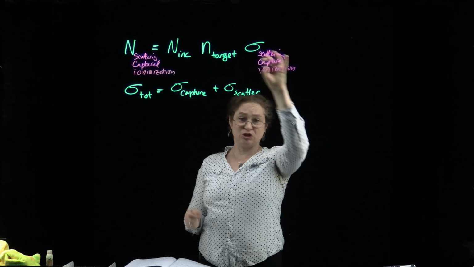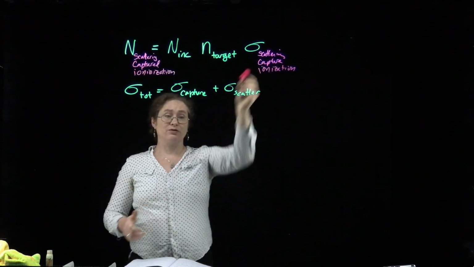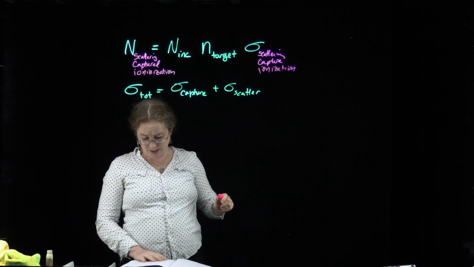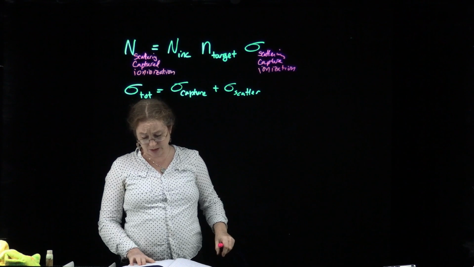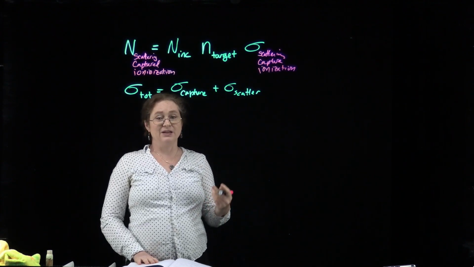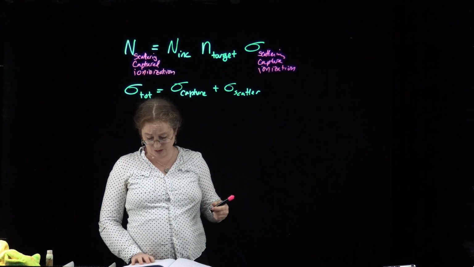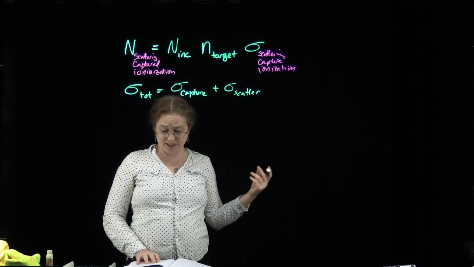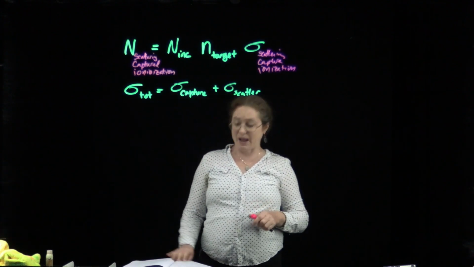Really, just change the subscript. This is your effective definition of the cross-section. And as an example, if you have an electron hitting a chlorine atom, then you can have an ionization cross-section, a scattering cross-section, and a capture cross-section.